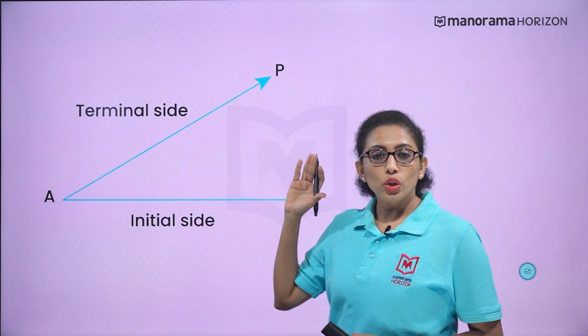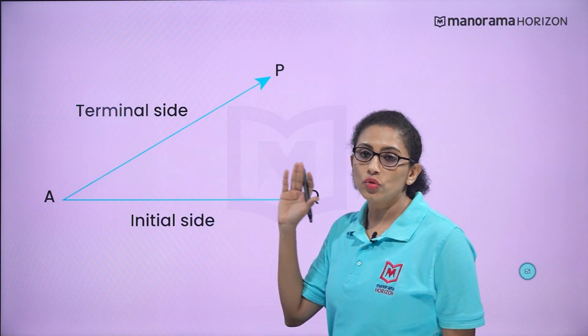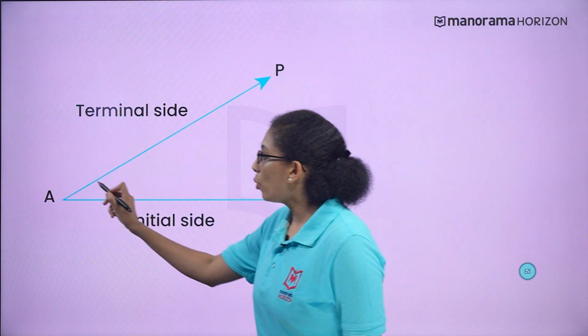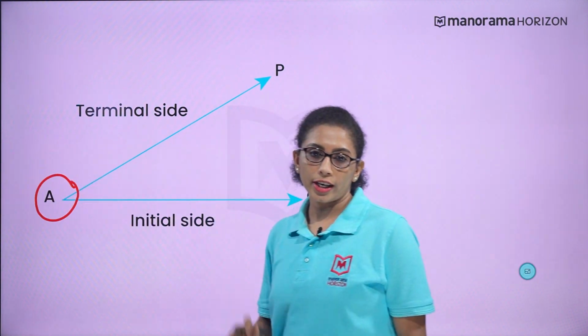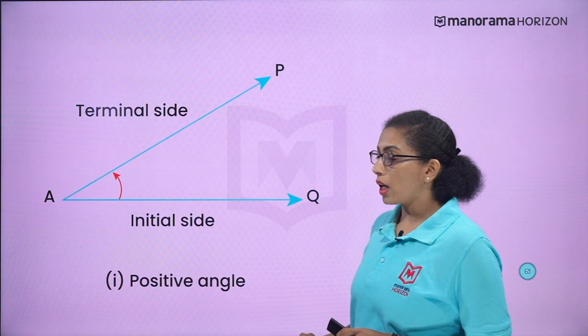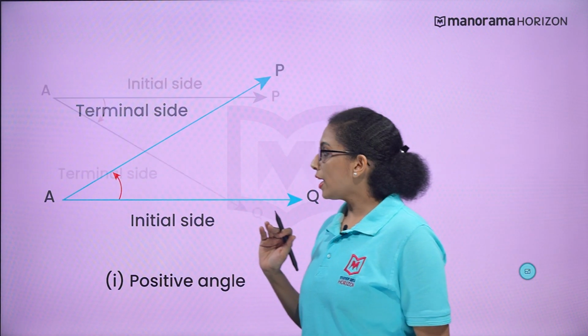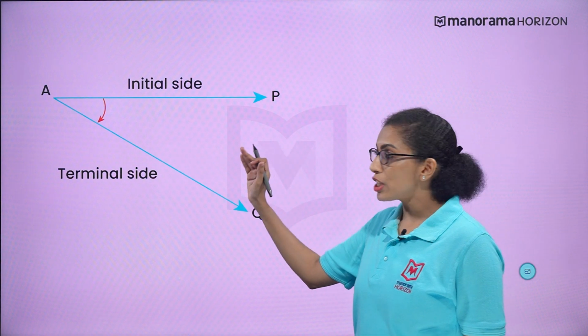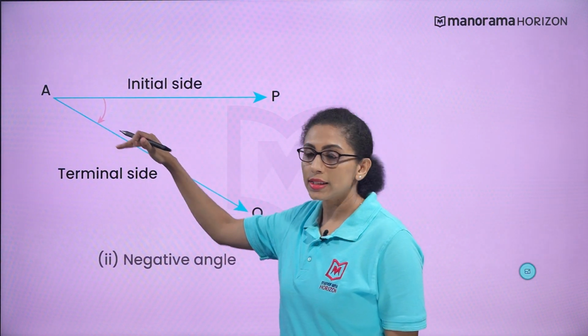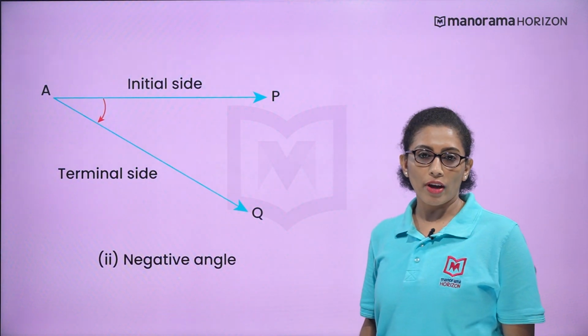In the figure, you can see the point of rotation, which is called the vertex. Here, point A is the vertex. This is a positive angle since the rotation is anti-clockwise. In this figure, the direction of rotation is clockwise, so it is a negative angle.